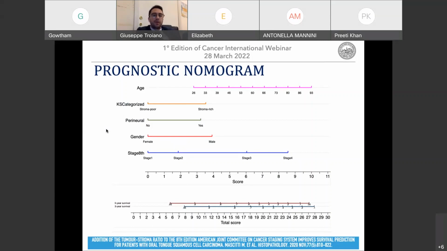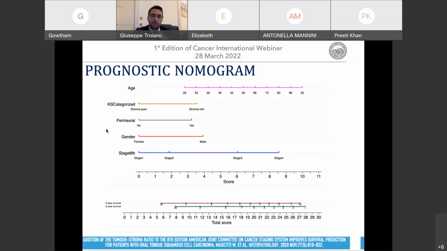It's a nomogram, which is just a clinical representation of a prognostic model where, for example, age, tumor stroma ratio, perineural invasion, gender, and stage of the patient are put together and can be used by physicians to calculate the probability of 5-year survival, or for example 3-year survival, for a specific patient.